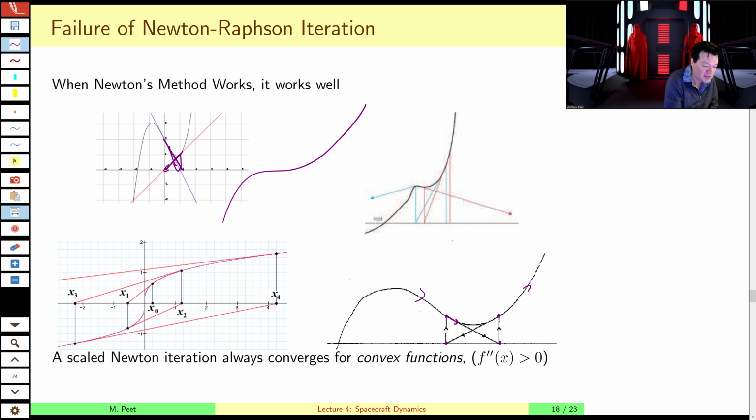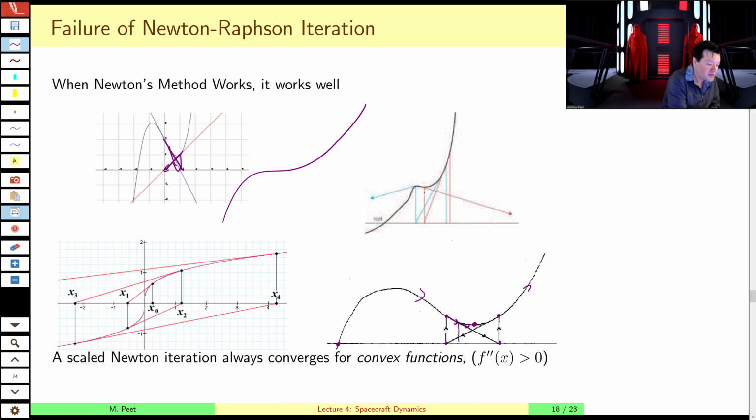Essentially, we'd go a little bit, and then it would send us a little bit more this way, and we'd eventually get stuck somewhere here. So we'd have convergence, it just wouldn't be to the root. We get stuck at some point, so we'd have convergence, but not to the right number. So that's for the scaled iteration.